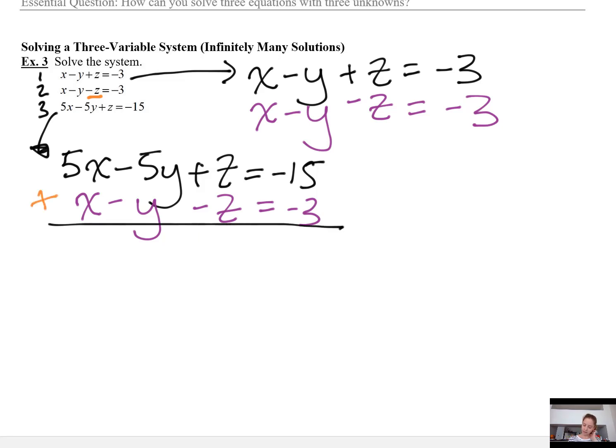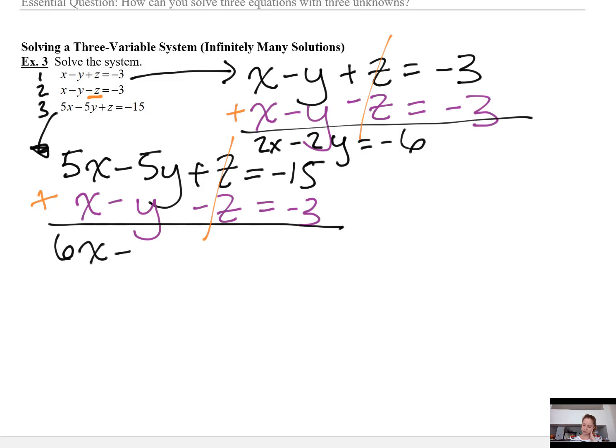Okay, let me add to eliminate the z's. So I get 2x minus 2y equals negative 6. And 6x minus 6y equals negative 18.